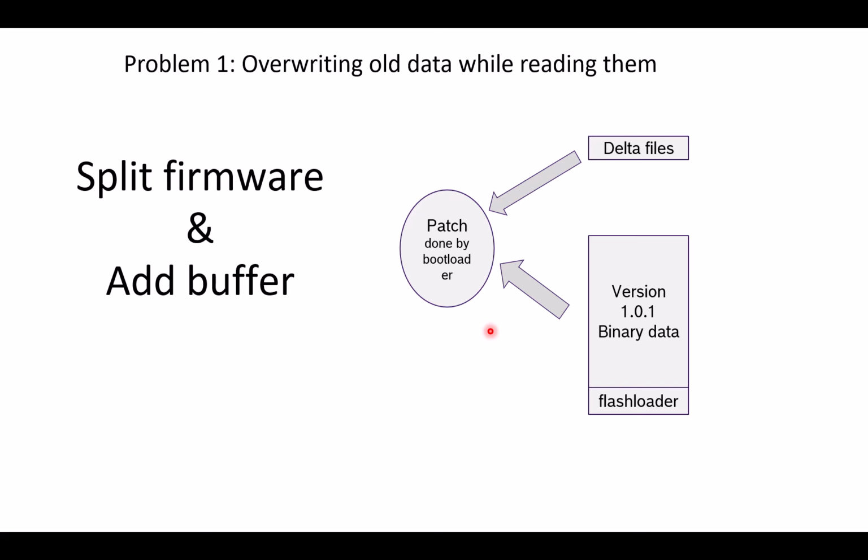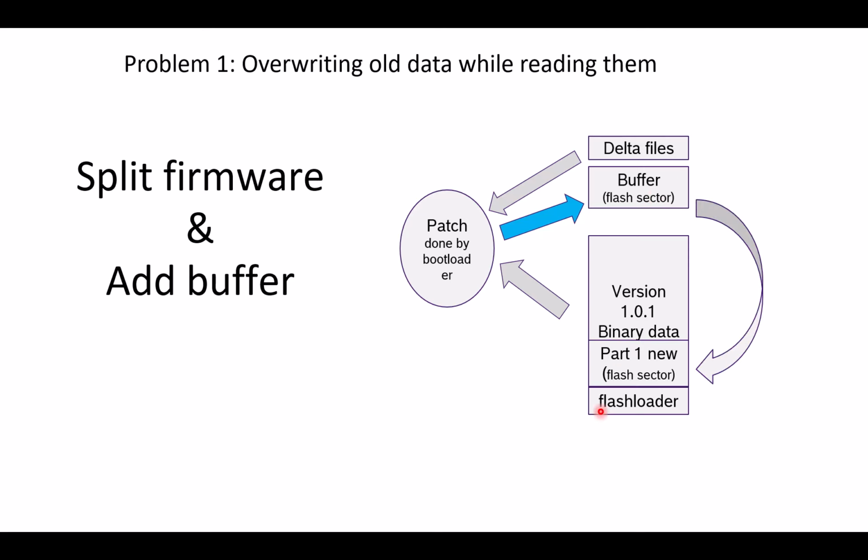Okay, the idea would be to split the firmware and add a buffer. So we now split the firmware, and rather than overriding that old file here, we are writing into a buffer. And after this part is done, then we override part 1 here in that flash sector.